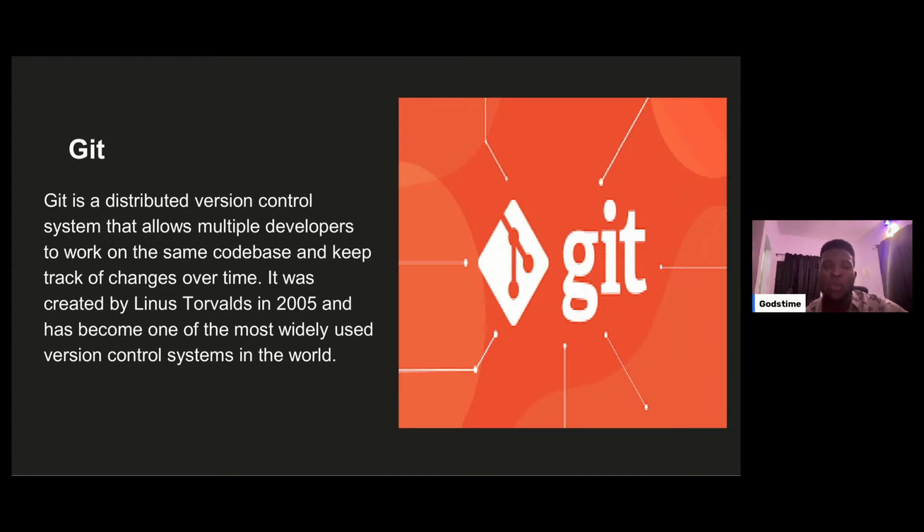Git is so popular that sometimes we mistake Git for the answer to the question, what is version control? And you say Git. Yes, Git is a type of version control. There are two types of version control, like we have established: the centralized and the distributed.